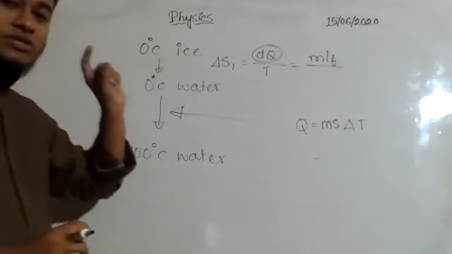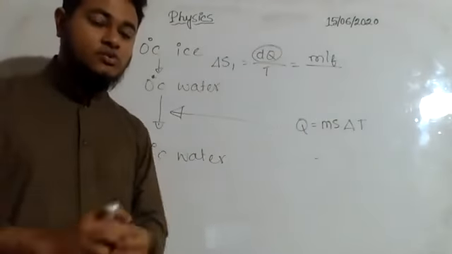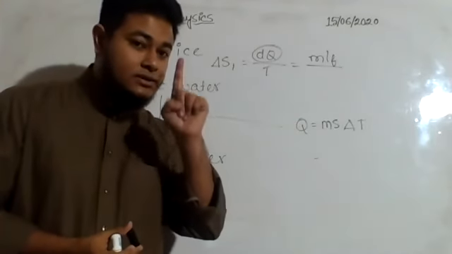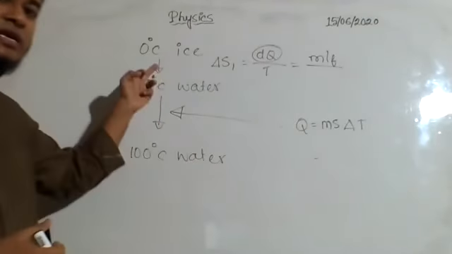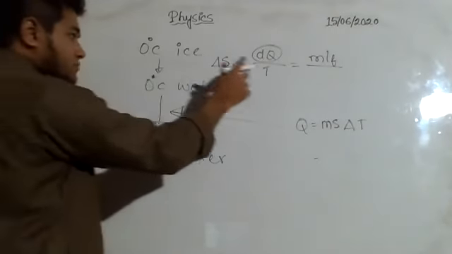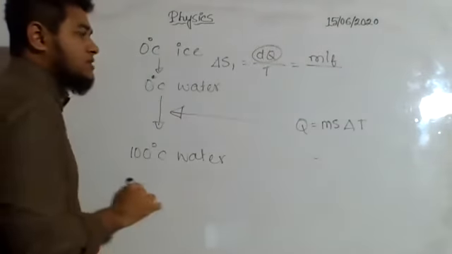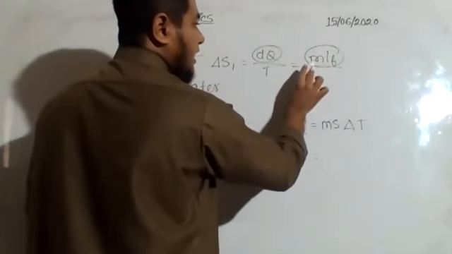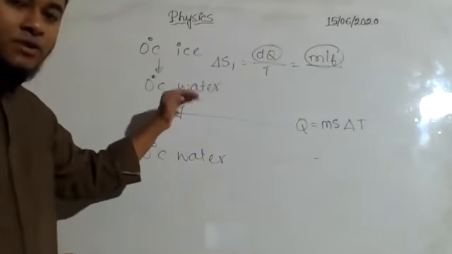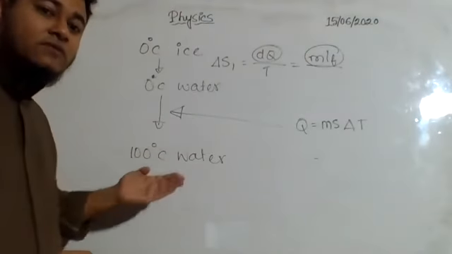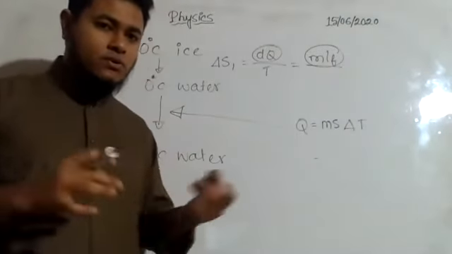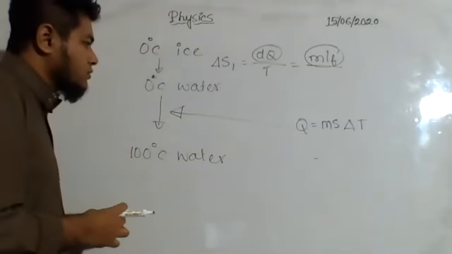Whatever energy you are supplying is not used to increase the temperature, it is used to change the state from ice to water. In such a case, to calculate the amount of heat supplied, you need to multiply the mass and the latent heat. Latent heat of fusion is for melting, but if water is converting to vapor, then that will be latent heat of vaporization. You should actually know this already. I don't know, maybe you forgot.